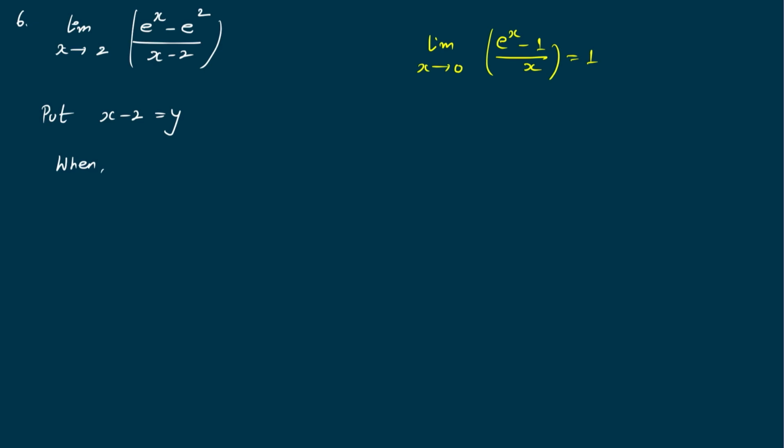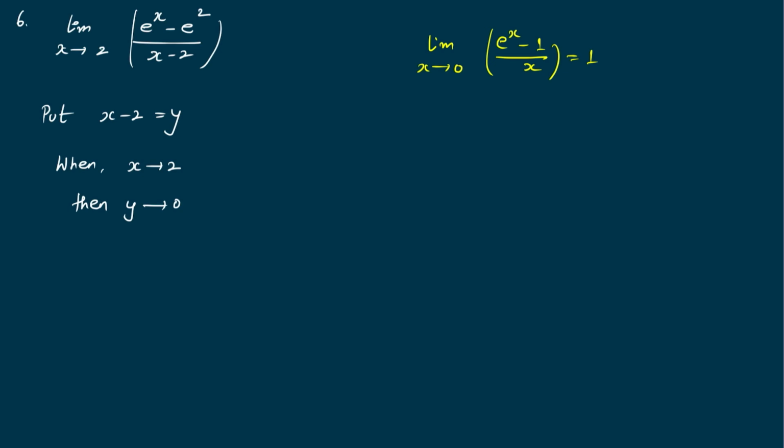When x tends to 2, if I put 2 here, it will be 2 minus 2, so the value of y will be 0. So I can write: when x tends to 2, y tends to 0.